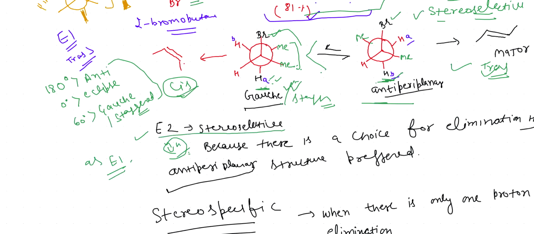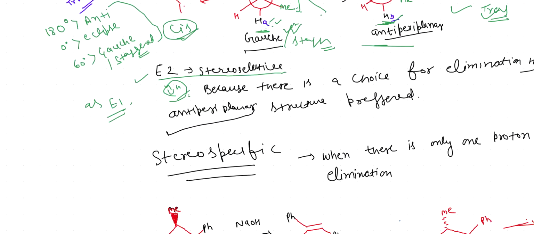Clear? Okay. The second case is when E2 reactions can be stereospecific. There is a difference between stereospecific and stereoselective. In stereoselective, whatever the stereochemistry of the reactant, it will give one product predominating over another product. We have discussed this already.